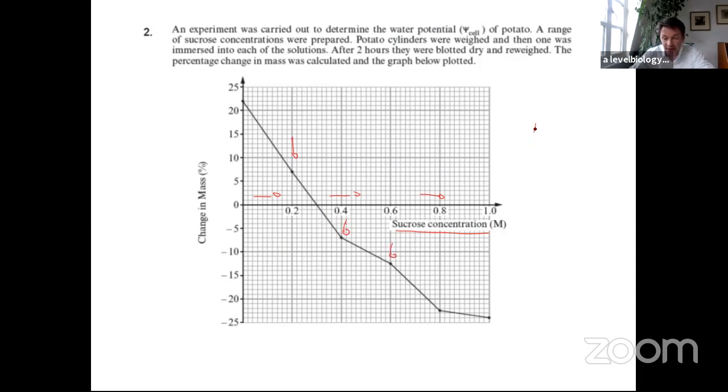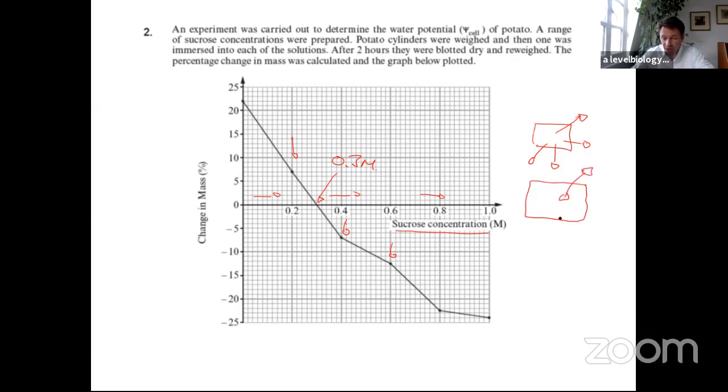The reason they lose mass is that they're being placed into a solution of more negative water potential, so water is leaving and they lose mass. The point where there's no change in mass is when it's in an isotonic solution. So here we've got 0.3 molar sucrose. It's in an isotonic solution, so at that point there is no net movement.